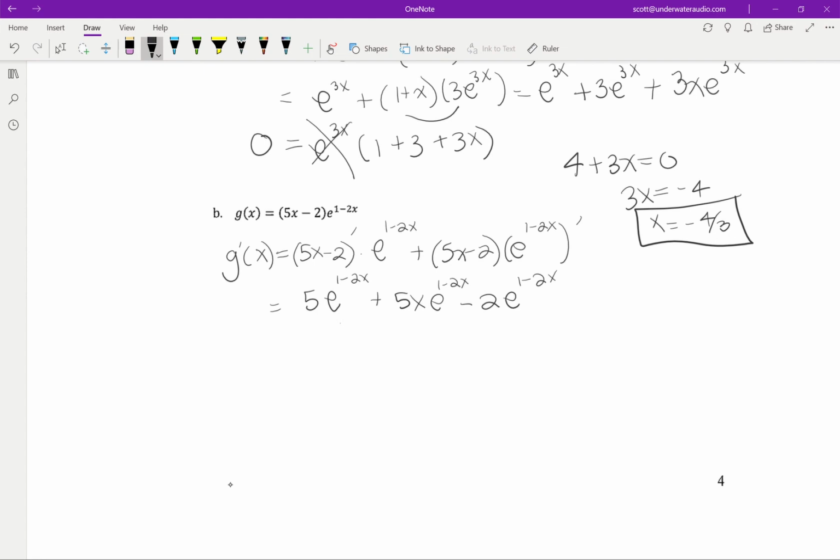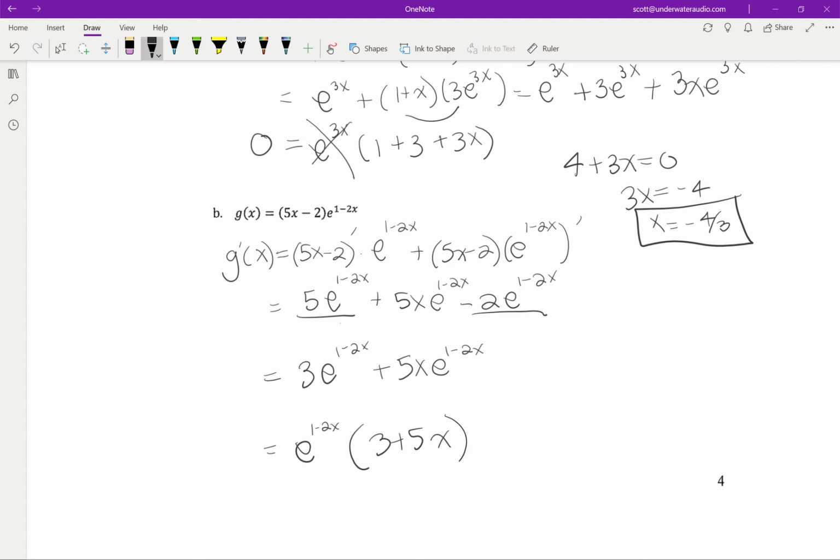So I have a 5e to the 1 minus 2x minus 2e to the 1 minus 2x that I can combine to just be 3e to the 1 minus 2x plus 5x e to the 1 minus 2x. And again, I can factor out e to the 1 minus 2x, and that's 3 plus 5x.